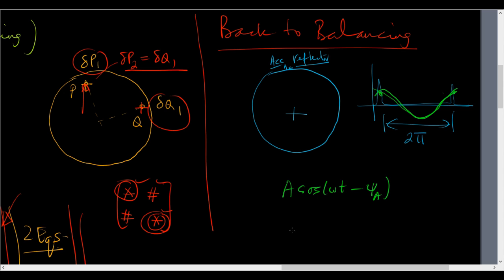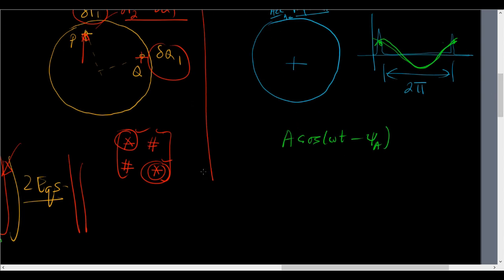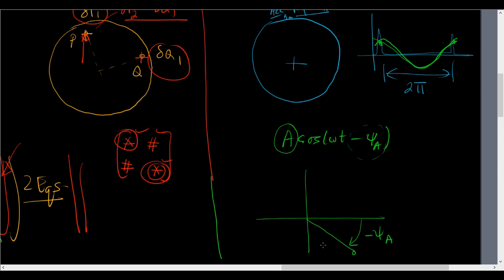In two-plane balancing, it is quite convenient to show it in a phasor diagram. So this is like a radius and this is like an angular position with a negative. So I will draw it here. Let us say it is like this. This angle is minus psi a. This distance is a.